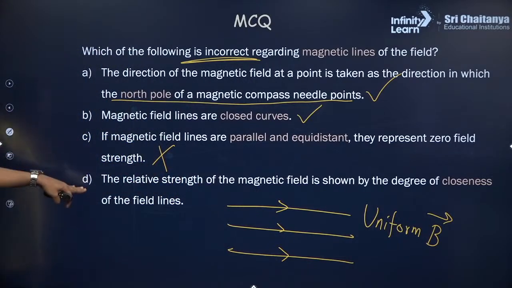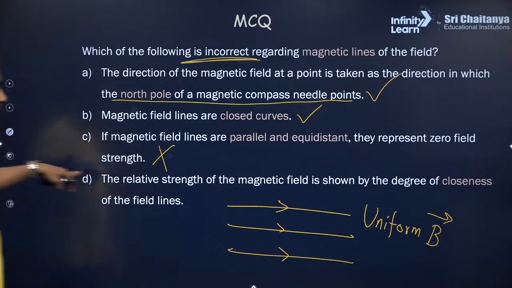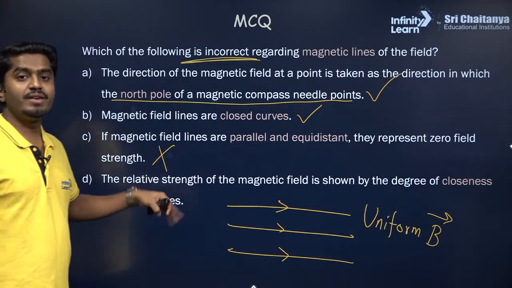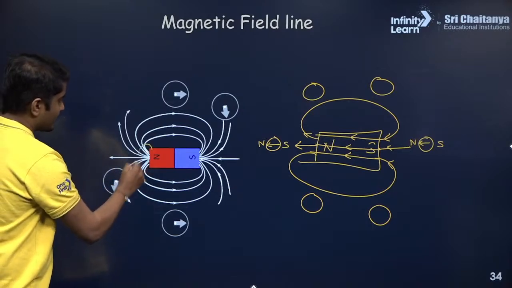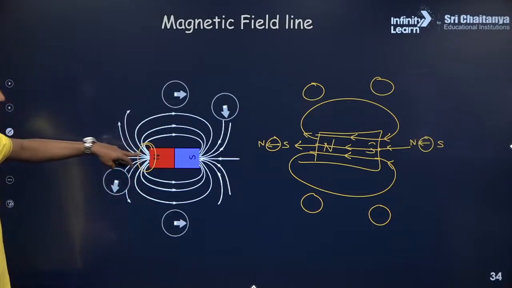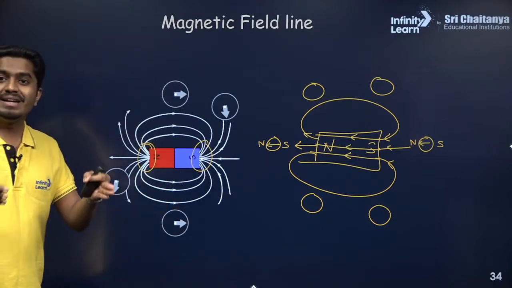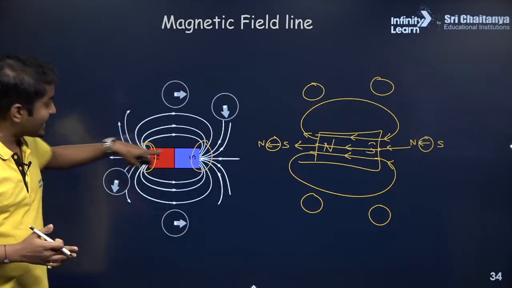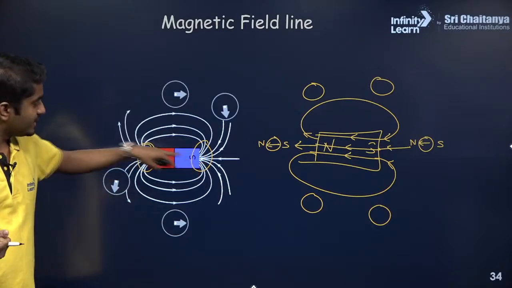And how about the last one? The relative strength of the magnetic field is shown by the degree of closeness of the field lines. So let's look at this figure. Here, in the region near the north pole or the south pole, the magnetic field lines are close, so they are dense. So the magnetic field strength is stronger near the poles.